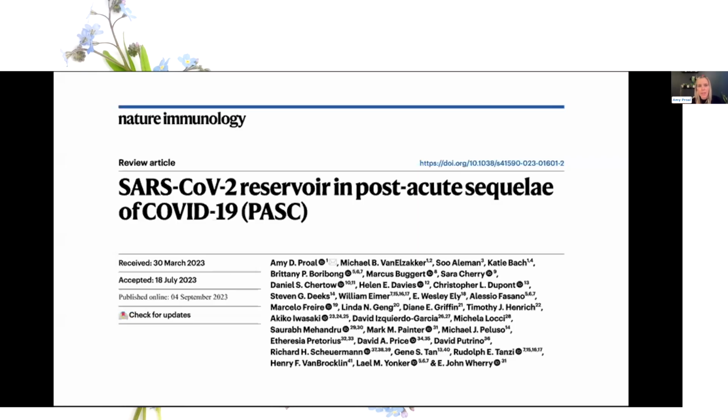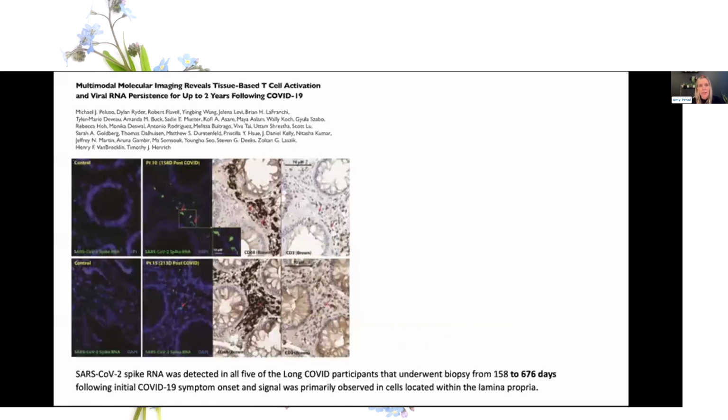So this is a paper that several of us wrote from our PolyBio team on the ability of SARS-CoV-2 to persist in some patients with long COVID, and an overview of some of the data on that. Here's just one example of a team in long COVID, again, looking at tissue of the gut. This is a team from the University of California, San Francisco.